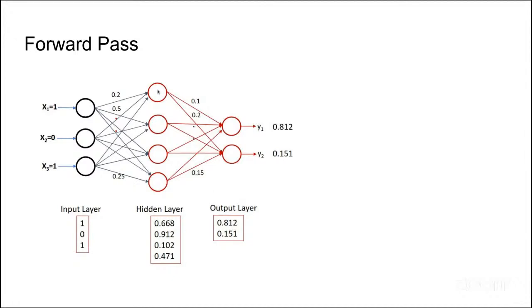Did you see? Is everyone able to follow that the output of the hidden layer is used as a weighted combination, passed through a sigmoid, to output the next layer's node output? Okay, that's how you get 0.812.